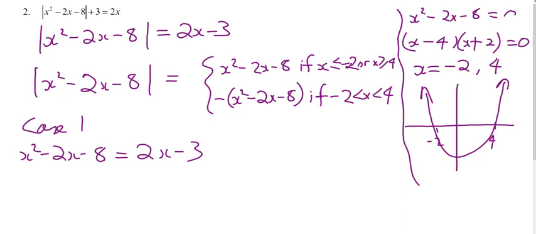Case 1 is where it's positive. What's the proviso on case 1? It's if x is less than or equal to negative 2 or x is greater than or equal to 4. That's going to help us, right? When we solve this, we know, hey, if I get a number that's below negative 2 or below, or I get a number that's 4 or above, that's a good solution. Okay, solve.